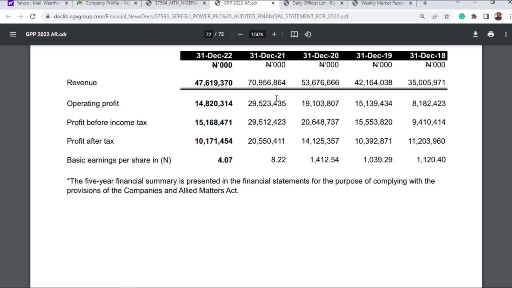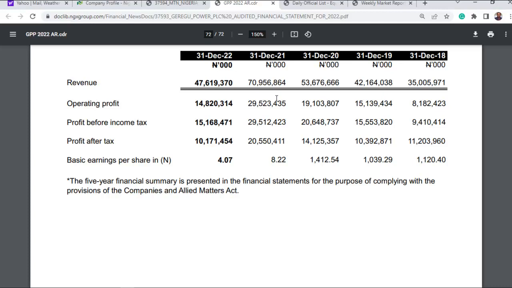If you look at the results that were released recently to the market, you can see that both the top line and the bottom line of this company declined, respectively by 28.18% and 11.44%.